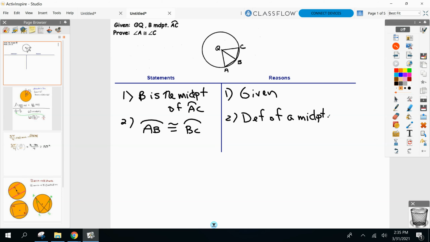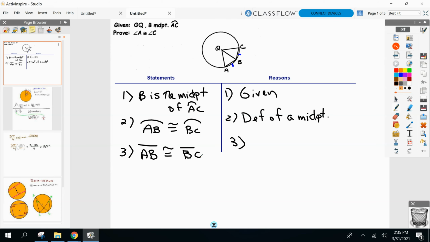All right, so I got the two arcs congruent. Here come the theorems now. What do you got for me? See any other congruent pairs of parts up there? Their chords are congruent. AB and BC. Why?